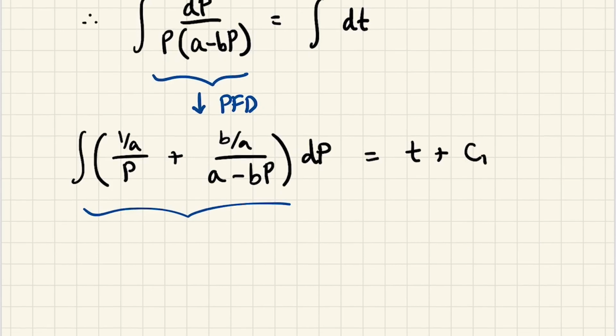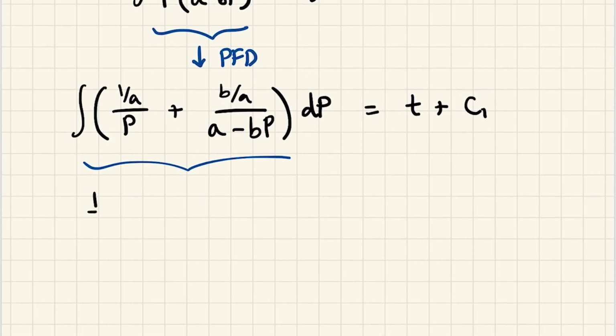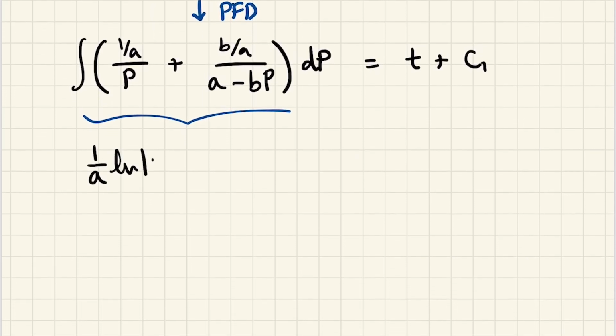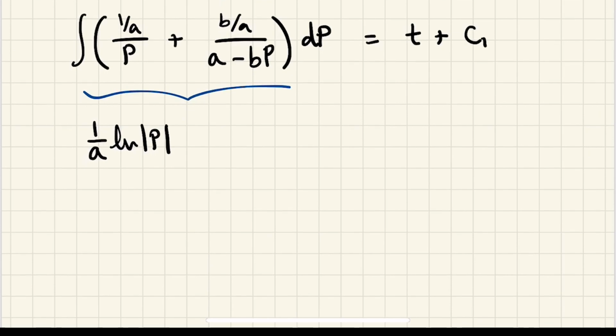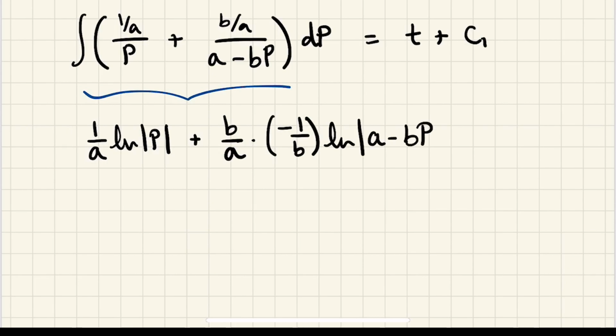And integrating this, we get 1 over a times ln of absolute value of p plus b over a times negative 1 over b ln of absolute value of a minus bp. So there was a quick little u substitution, which gave us the negative 1 over b that came out.